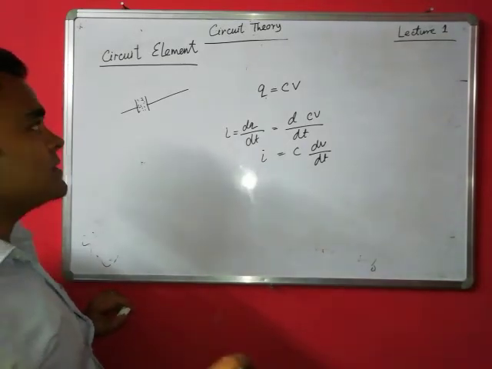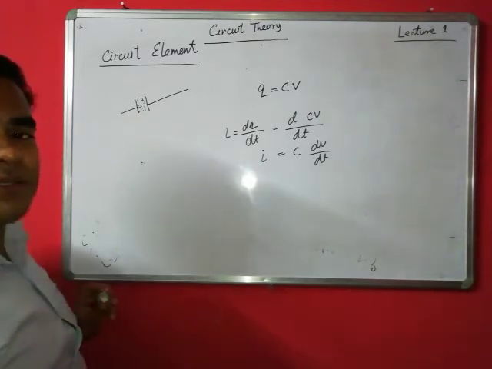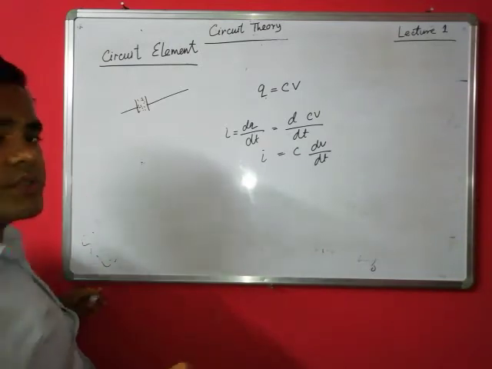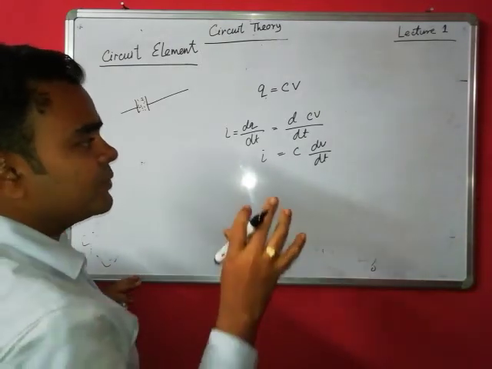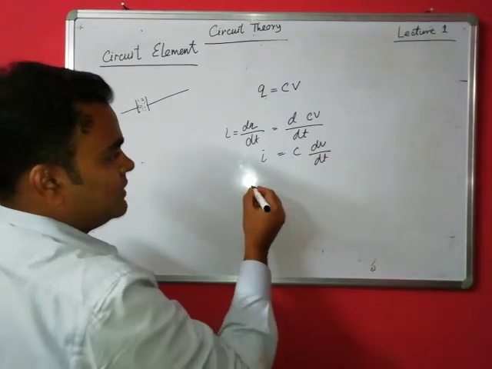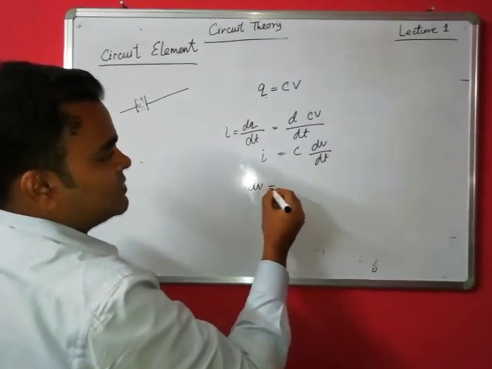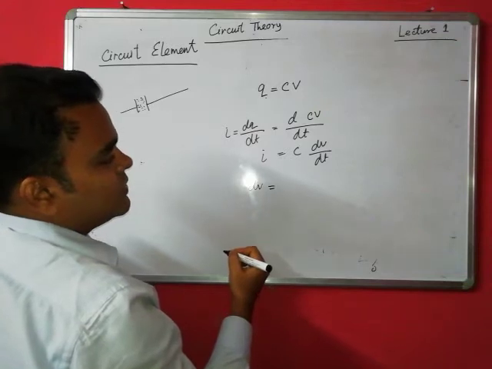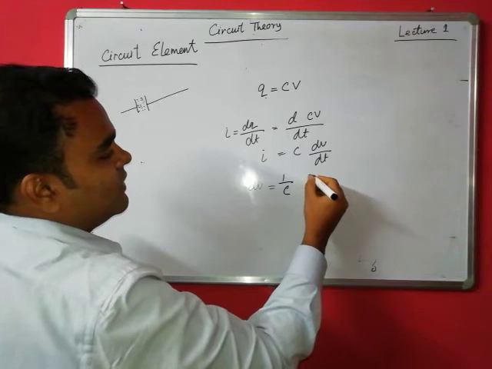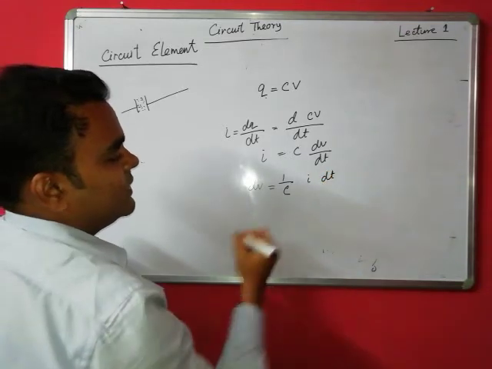Now a capacitor stores energy in the electric field between the two plates. Now we'll find out the equation of voltage from here. So again, we can write dV is equal to 1 by C I into dt.